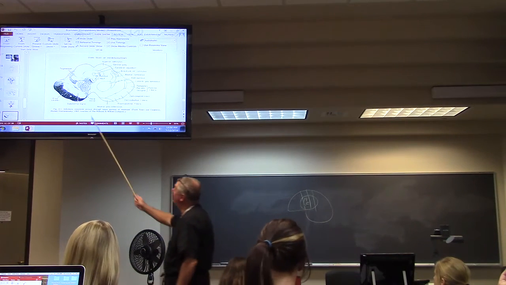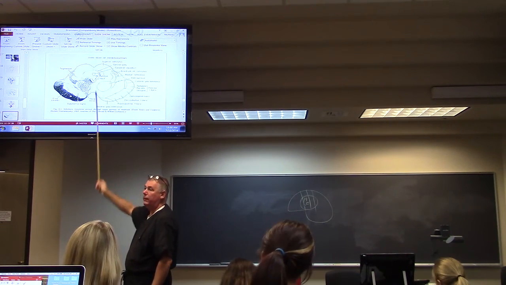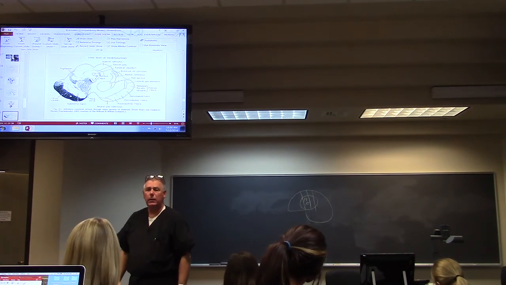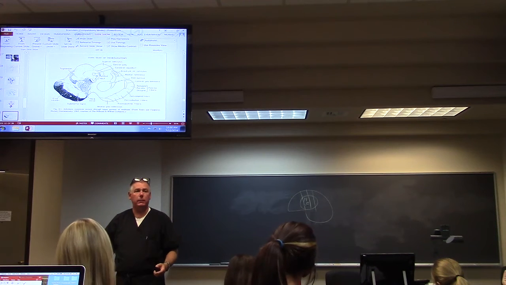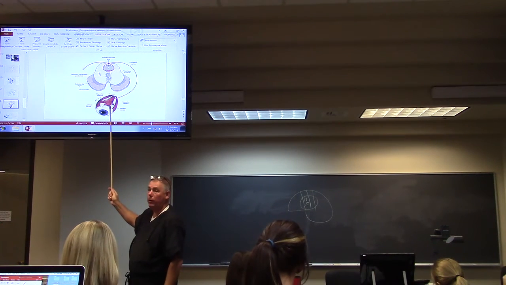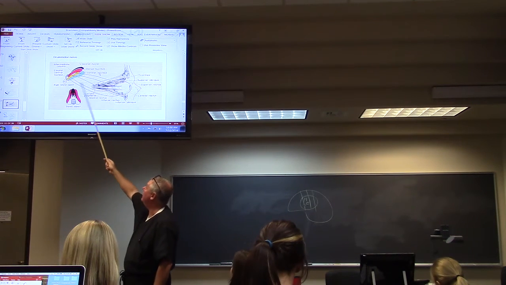The third nerve is right here, right above it. The third nerve has two nuclear groups. One is somatic efferent. So like the fourth nerve, it's going to go to extraocular eye movement muscles, which it does.